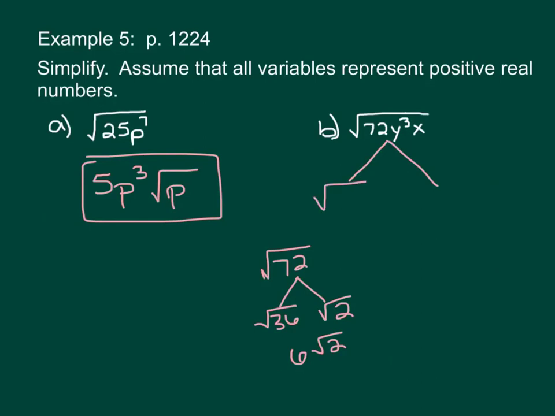So I have 36 and 2, and then for my y cubed, I can put y squared and then the 1 left over, so 2 plus 1 is 3. I put this y squared here in the one with the perfect squares because it's going to come out of the square root with the 36. And then x, there's only 1, which means there's not enough to come out of the radical.